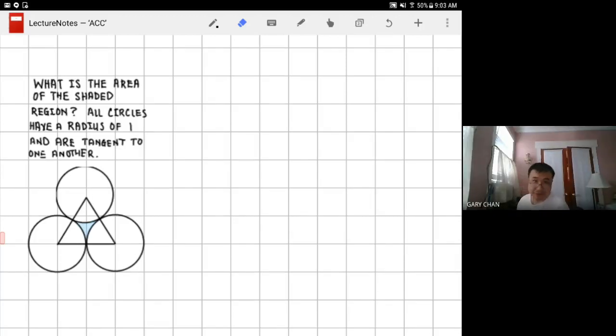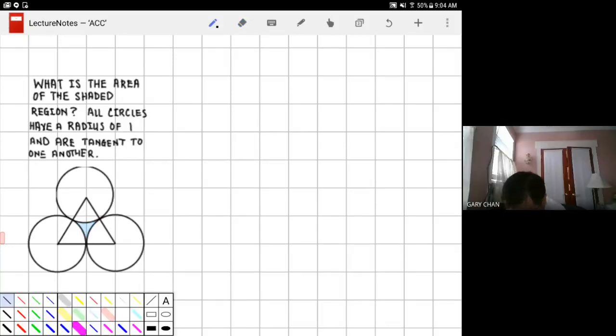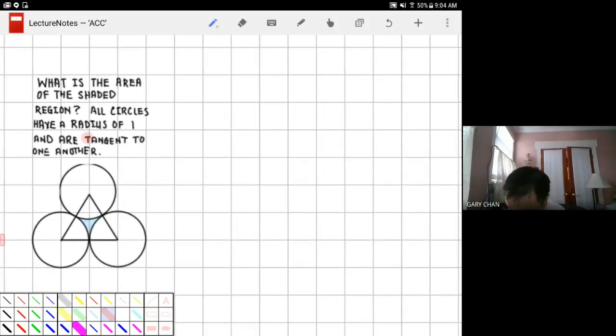Okay, so we have a situation with three circles, and I used a word here. There's a description, and I don't know if you're familiar with what this means. It says that the three circles are tangent to one another.